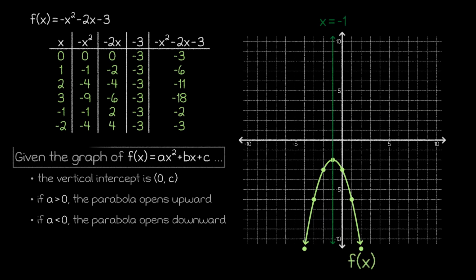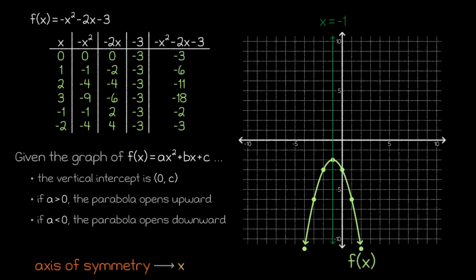In general, however, the equation for the axis of symmetry isn't very intuitive. The easiest way to determine the axis of symmetry is probably to convert this general quadratic expression into the vertex form, and then use the value of h from that form.